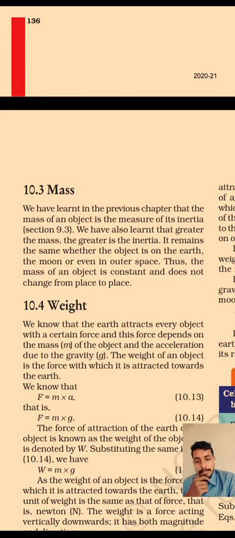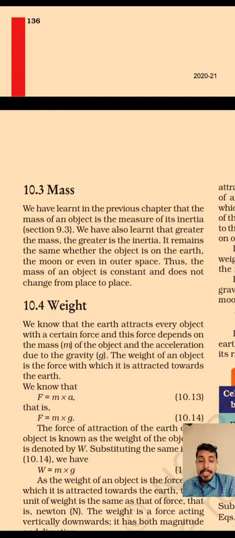Why does this happen? Because there the acceleration due to gravity is very much smaller than earth, and the pull is very small there. That's why our weight is lesser on the moon.